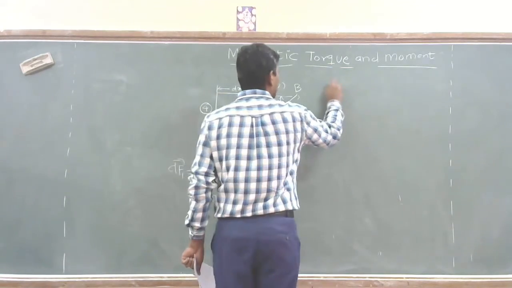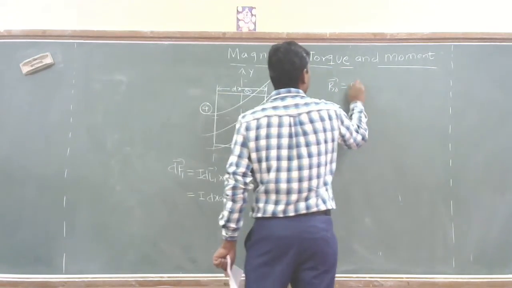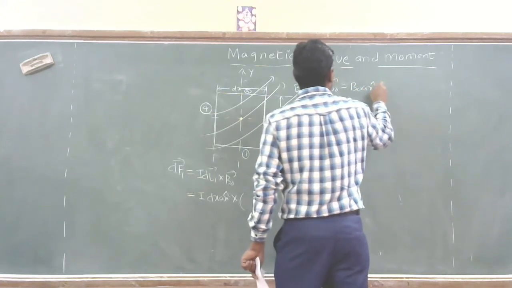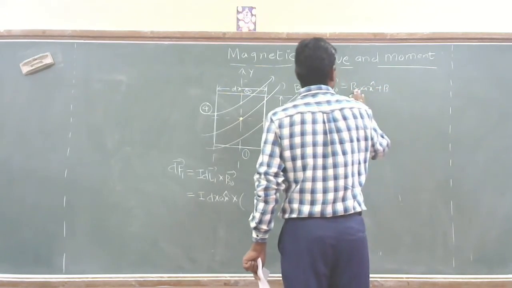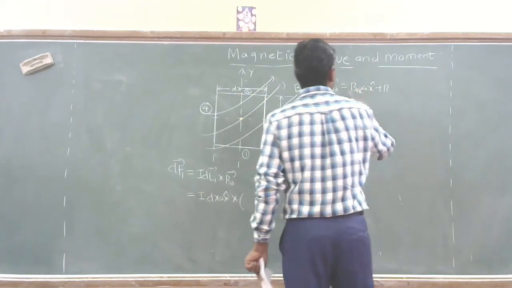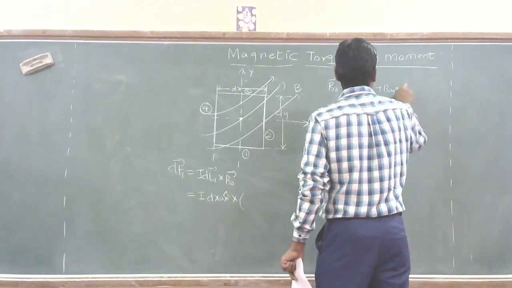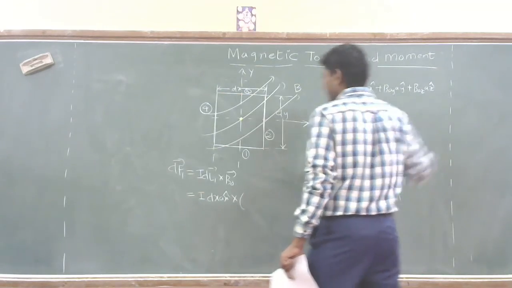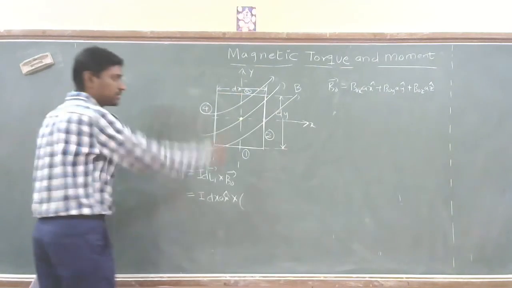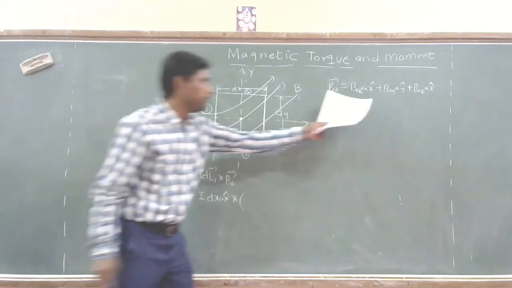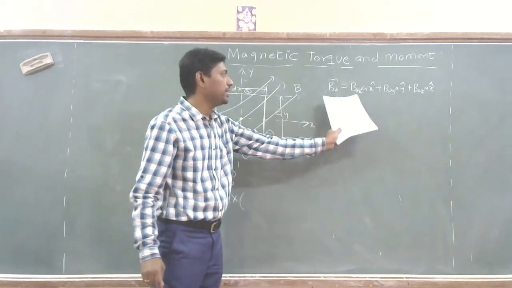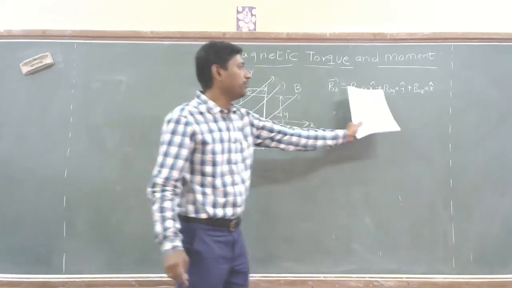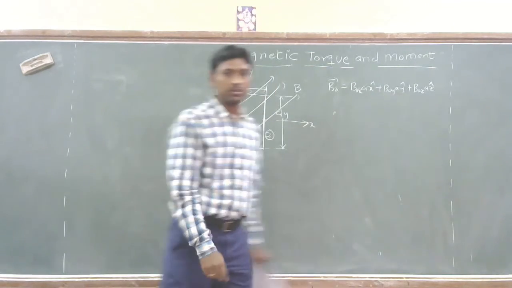Okay. And we will take B naught as B naught x ax hat plus B naught y ay hat plus B naught z az hat.